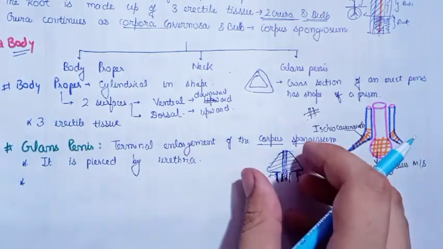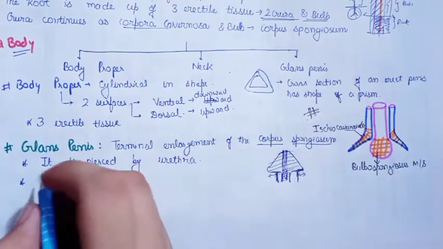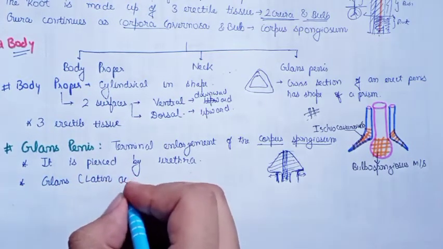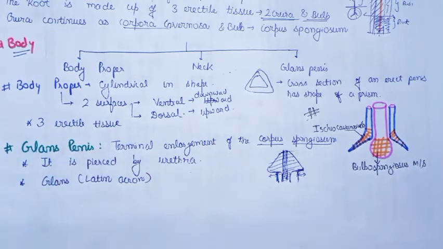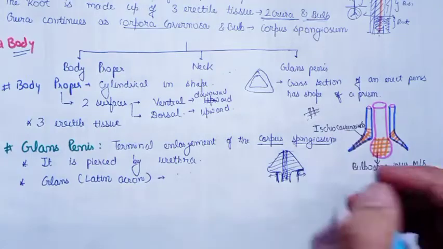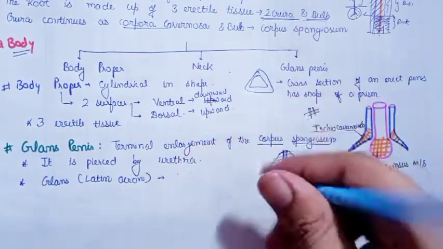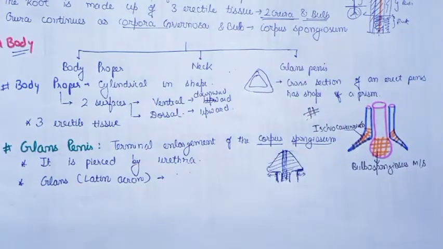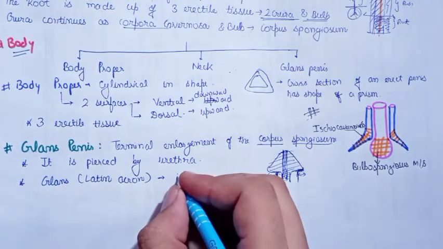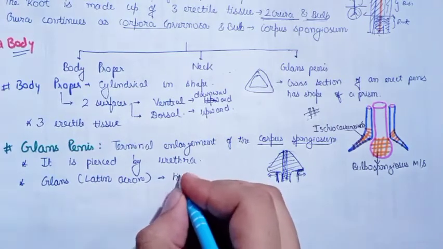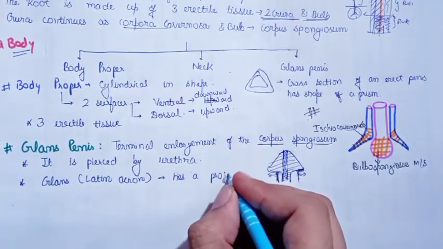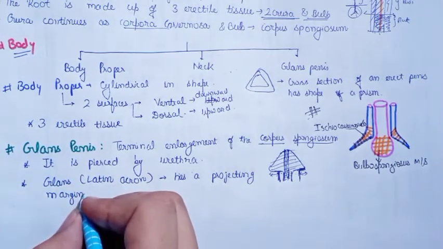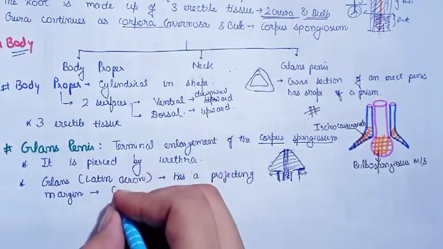The word glans is derived from a Latin word meaning acorn. The glans penis has a projecting margin extending on both sides, or actually the whole way around, because the penis is cylinder shaped. This projected margin is called the corona.